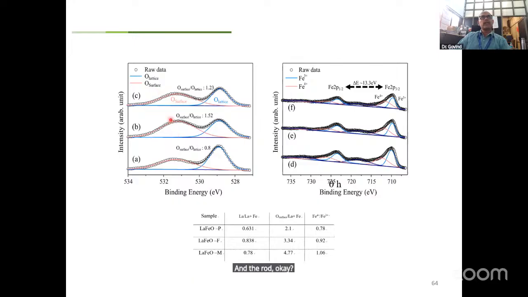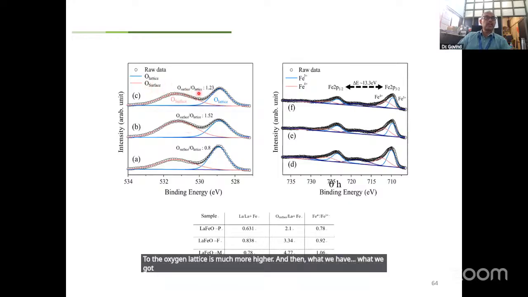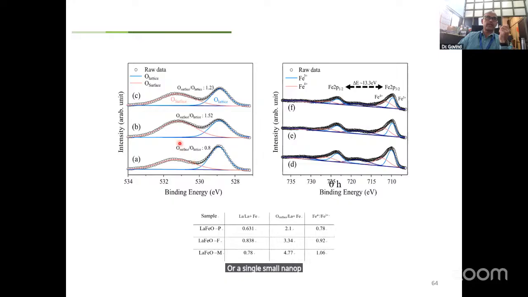Okay. Here, what we observe is that the ratio of oxygen surface to oxygen lattice is much higher than what we got for a single rod of lanthanum ferrite or a single small nanoparticle of lanthanum ferrite. That is one clue we have got. Another clue we observed is the spin orbital splitting.